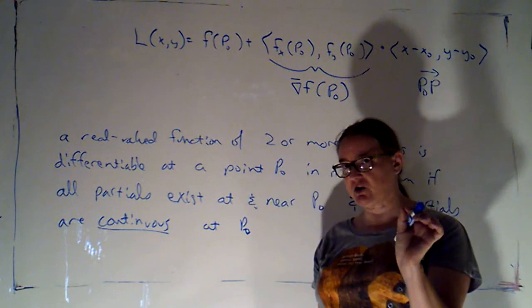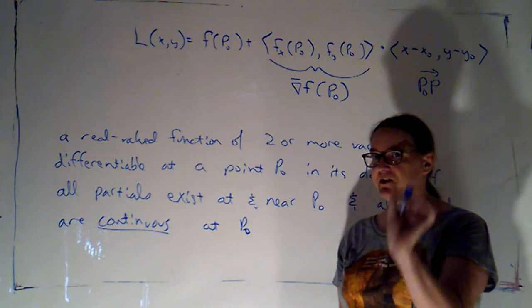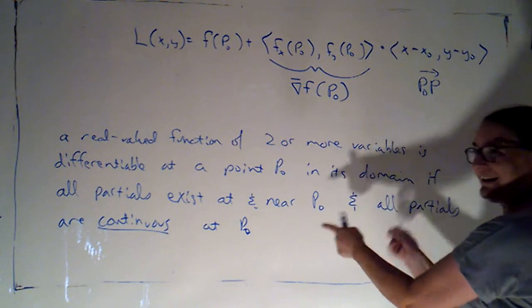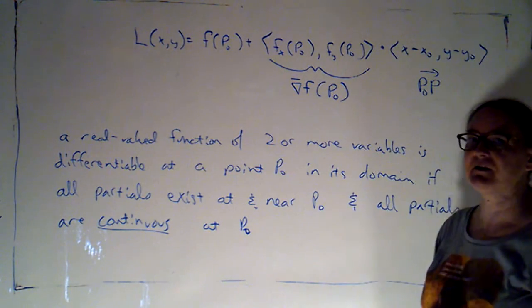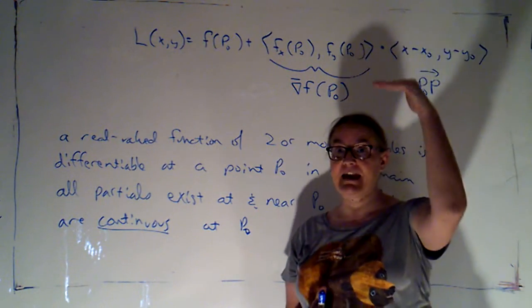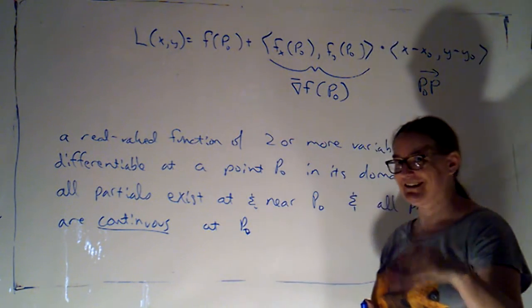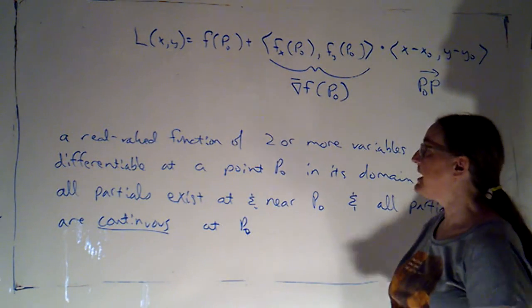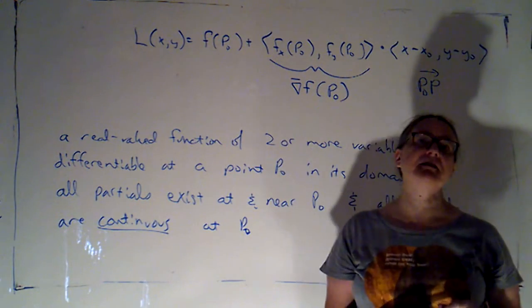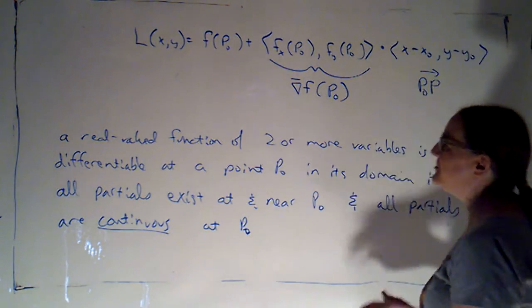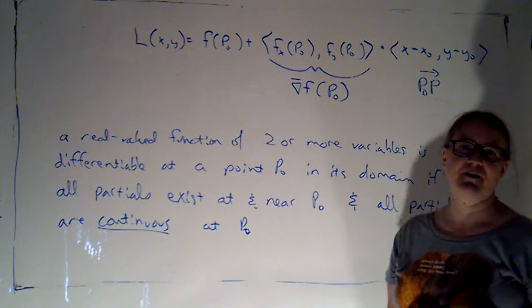So if I ask you on an exam or quiz, what's the definition of differentiability? This is not it. The definition of differentiability is that the limit of the error function divided by the distance between my input points is equal to 0. Okay, but this is the user-friendly criterion that we will generally use to see whether we're working with a differentiable function or not.